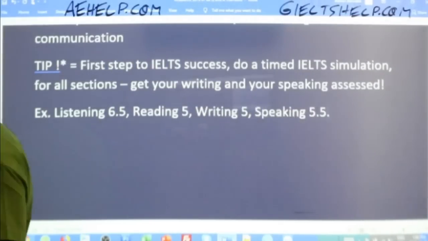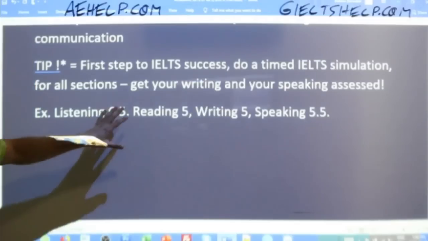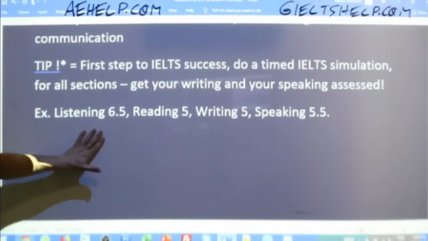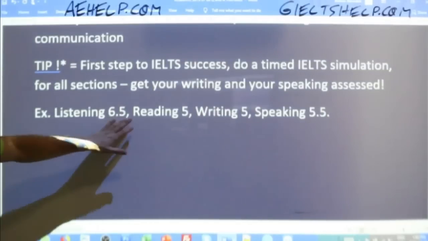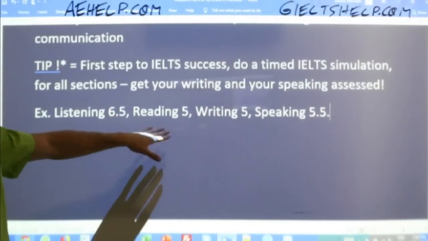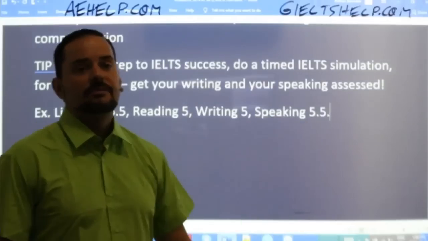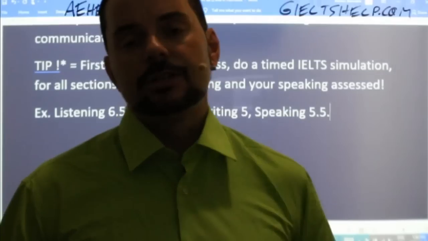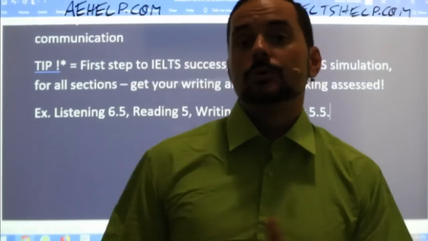So let's just hypothetically say that you did a practice exam, you realized, okay, my listening is pretty good. I got 6.5, reading 5, writing 5, speaking 5.5. Now you can ask the question, what do I need to do?